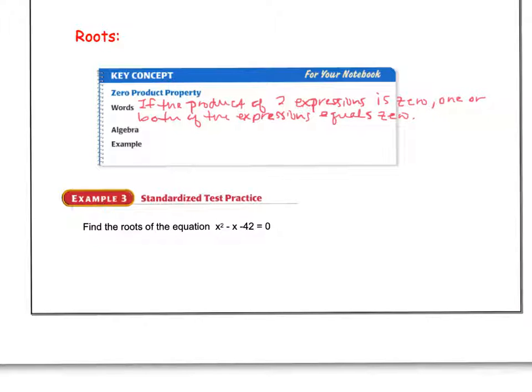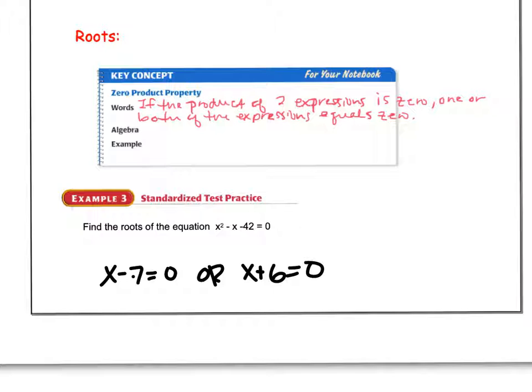Now, the important thing here is to see that I have this factor being multiplied by that factor, and they're equaling 0. So at this point we can break it up and say that x minus 7 had to be 0 in order to get 0 for a product, or x plus 6 had to be 0 in order to get that product.